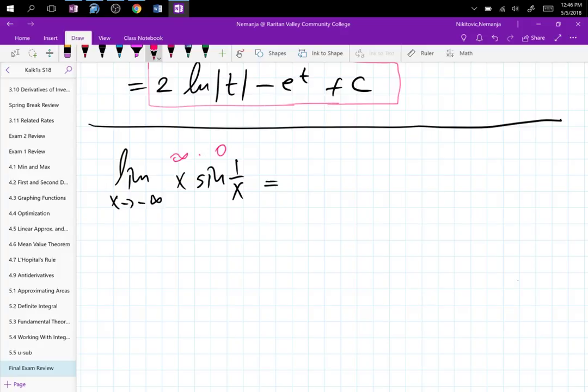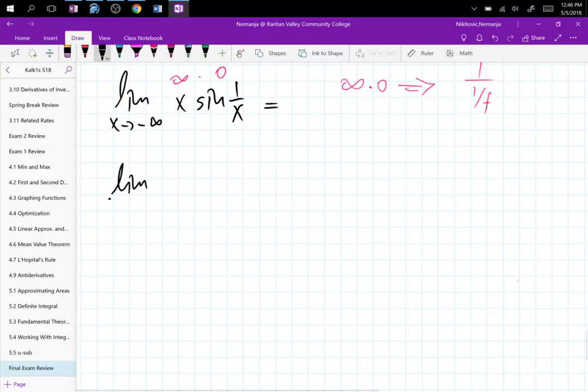It's infinity times 0 because when you plug in infinity for x, you get infinity. 1 over infinity is 0, and sine of 0 is 0, so this is infinity times 0. Now, when you have infinity times 0, that tells you that you should be using 1 over f. That's the standard thing.